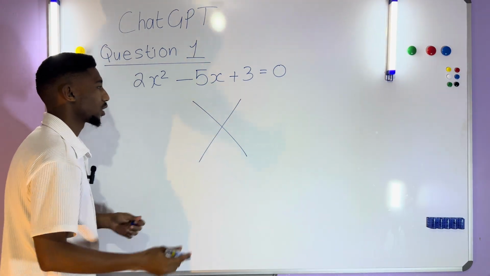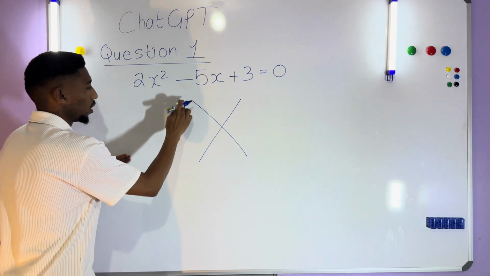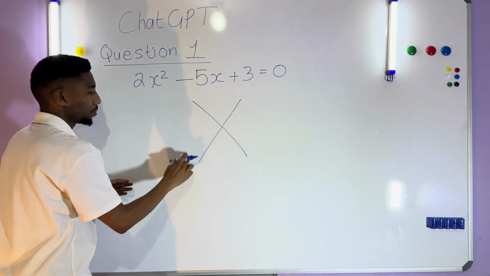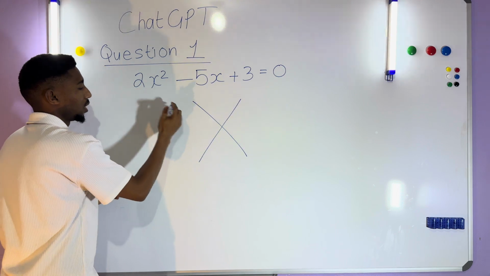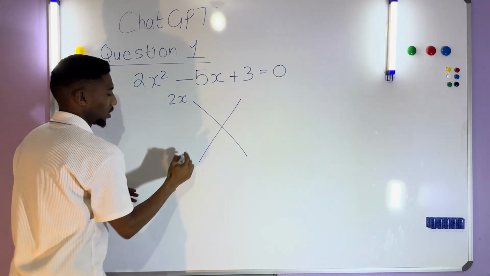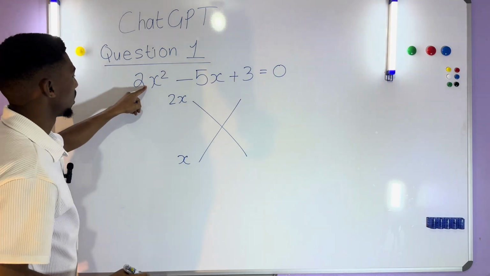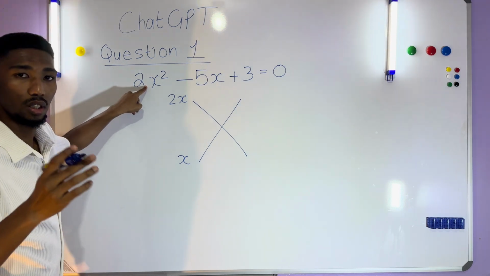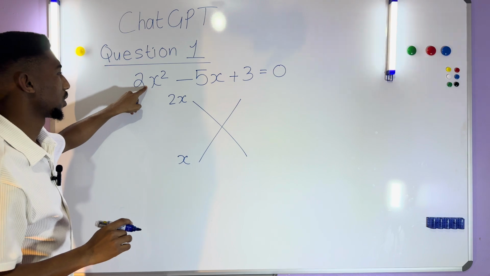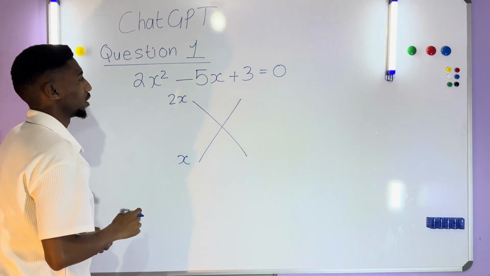But for this method, we're going to put two values here, which give us the first term, and that is 2x and x. So when 2x multiplies with x, it gives us the first term in the trinomial.